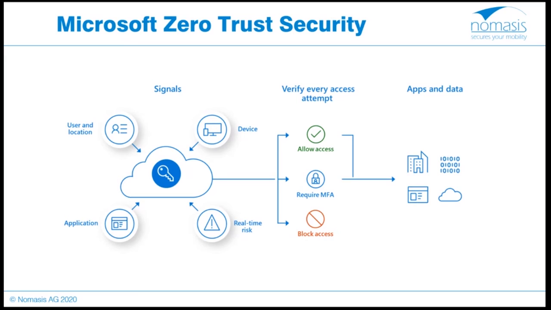Now you need MFA anyway. Or again, if he doesn't have the access rights, then we can block the access again. But again, we don't give him the rights on the network, on the whole server, on the complete server. We evaluate every access attempt all the time. So this is a very simplified but helpful overview of a zero trust implementation.